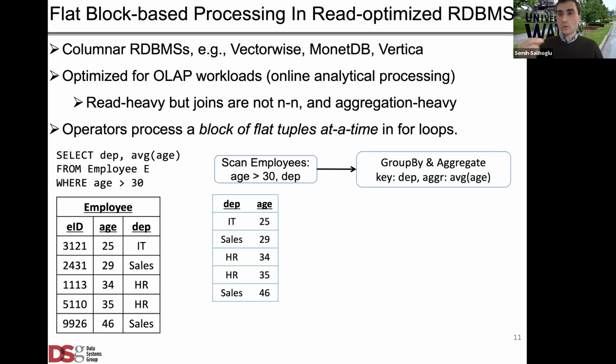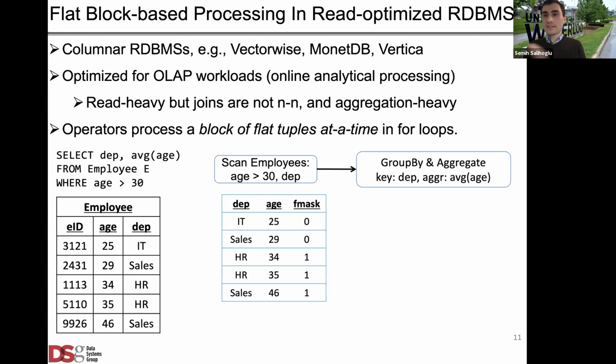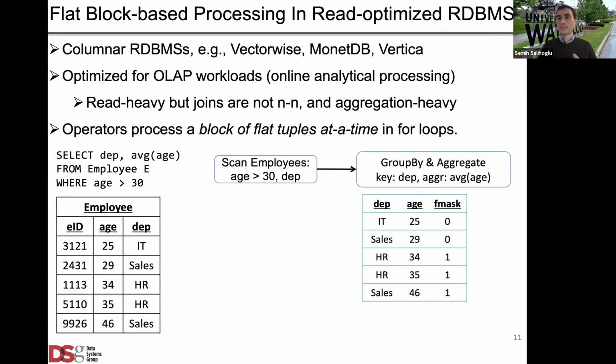And then in a tight loop, because there's a filter on the tuples, it's going to run the filter of age greater than 30, marking whether or not each tuple passes the filter, right? Then once this filter has happened, it's going to pass this block of tuples to the group by and aggregate, which is also going to do block-at-a-time processing, right?